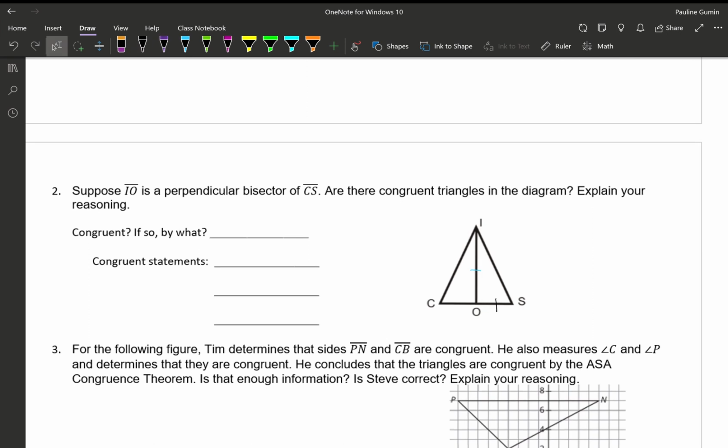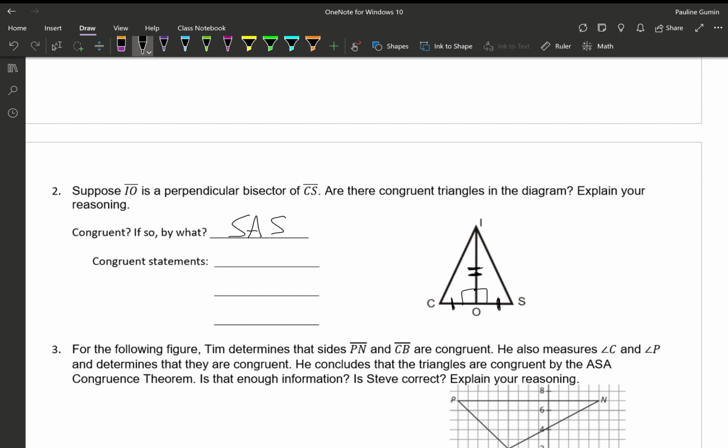All right, let's suppose IO is a perpendicular bisector of CS. Let's see if we can prove these triangles to be congruent. All right, so perpendicular bisector means 90-degree angles and congruent sides. What else can I label here? Well, I can label the perpendicular bisector itself as a side that both of these triangles share, and we end up with side, angle, side.